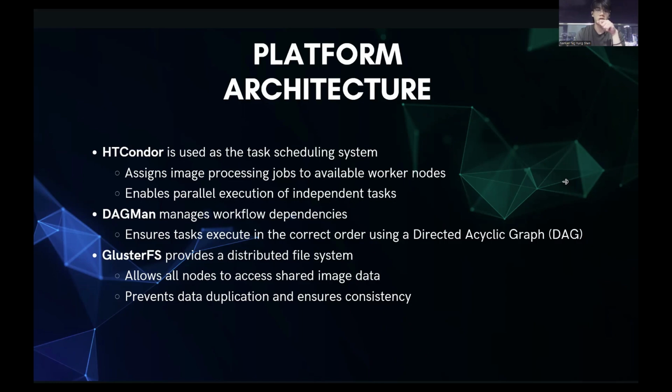DAGMan works on top of HTCondor, defining workflow dependencies and ensuring tasks are executed in the correct order, while Cluster FS is a distributed file system that provides shared access to image data across all of the nodes in the system. So in our platform, HTCondor and DAGMan manage computation while Cluster FS manages data sharing.